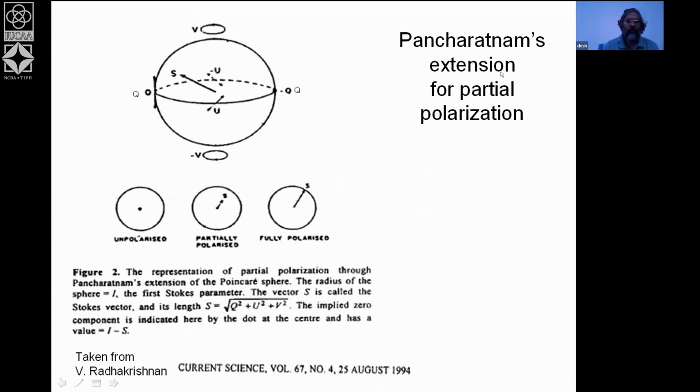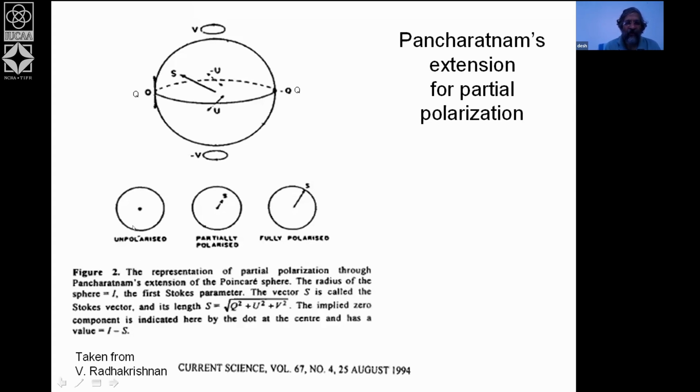One of the problems with the Poincaré sphere was that one couldn't indicate partially polarized light. The assumption was that the radius of the sphere is unity, a normalized polarized intensity or total intensity, and there was no way to indicate that. So Pancharatnam extended this for partial polarization and introduced a dot which represents the unpolarized component, and that showed the correct way of imagining both.